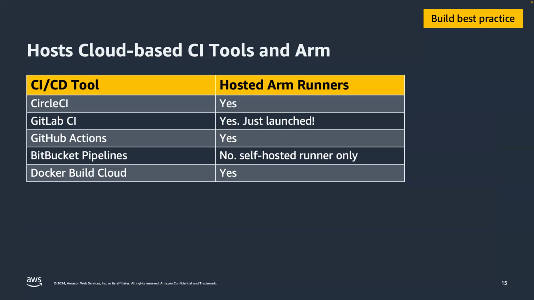But the good news is that most of these cloud pipeline tools already have ARM runners ready, so you can build ARM container images by making use of these ARM runners. The only exception is Bitbucket Pipelines, which at the moment does not have hosted ARM runners yet. So you will have to use self-hosted runners, whether it's on-prem VMs or EC2 on AWS.